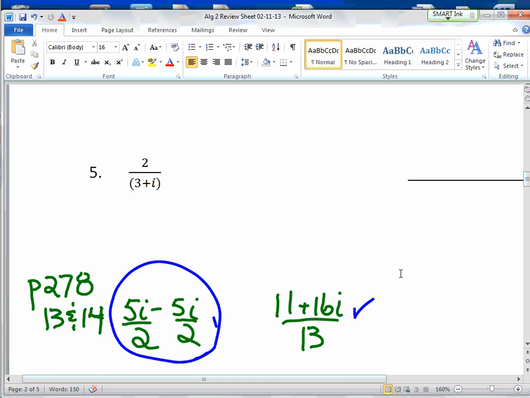Okay, so whenever you see i in the denominator, you need to get it out of the denominator since you can't have a square root in the denominator. So the way you're going to do that is by multiplying times essentially the same thing, except you're going to change the sign of this.